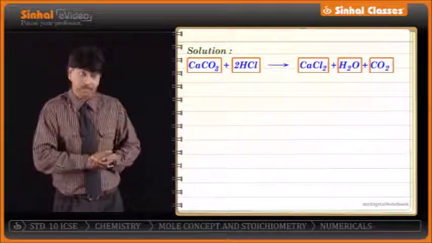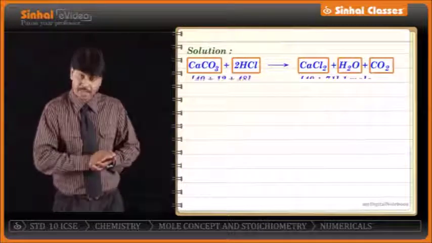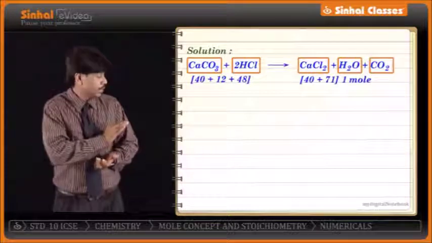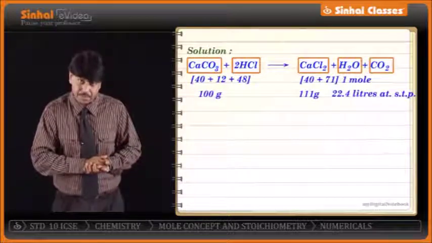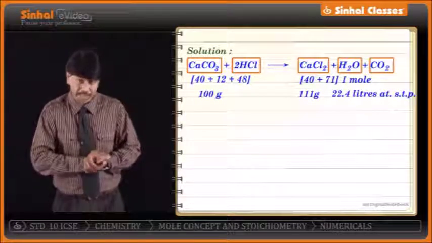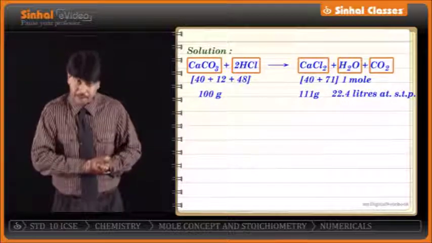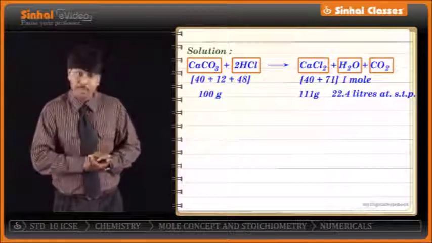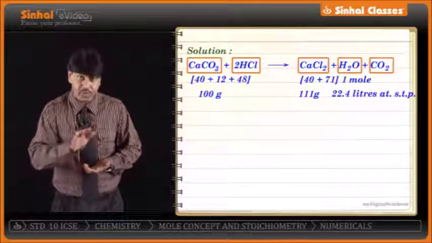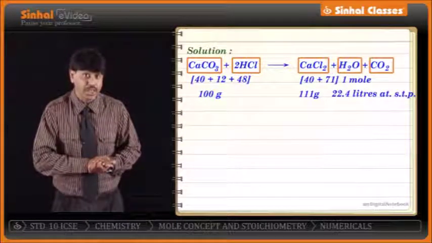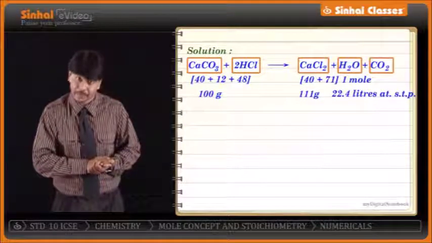The weight of calcium carbonate is 40 plus 12 plus 48, comes out to be 100 grams, whereas calcium chloride is 40 plus 71, that is 111 grams, whereas 1 mole of CO2 is liberated and 1 mole always occupies 22.4 liters at STP.